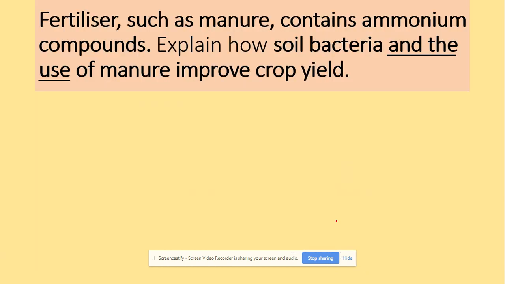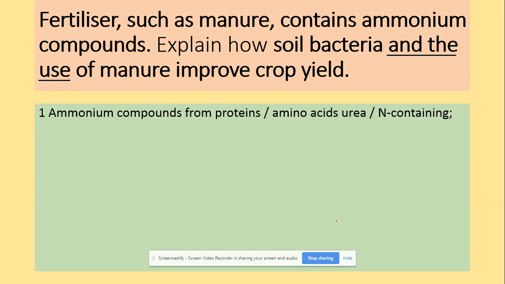So what we've got left here, we've got the past paper question. So, for example, fertilizers contain ammonium compounds, and explain how soil bacteria and the use of fertilizers will improve crop yield. So really typical question. What we need to include in here, obviously, is everything we've mentioned on our diagram. So ammonium compounds could come from proteins, amino acids, urea, nitrogen containing compounds, and they will be converted into nitrate later on.